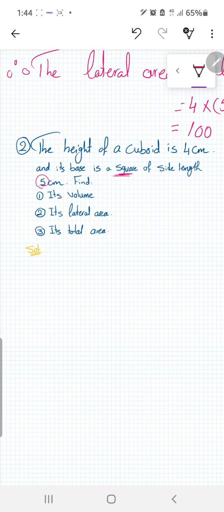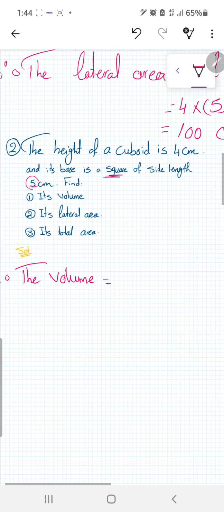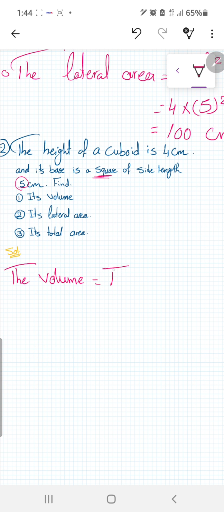First, the volume of the cuboid. We said before, in general, the volume of cube or cuboid or cylinder is the area of base times the height.